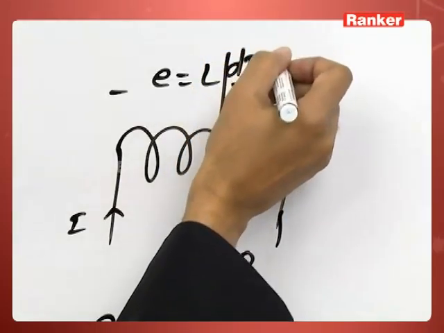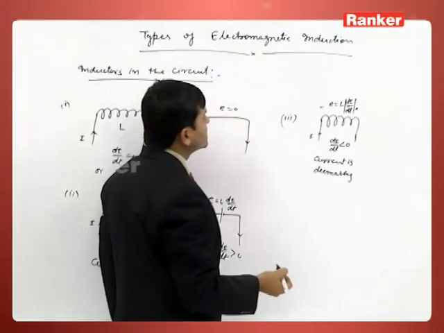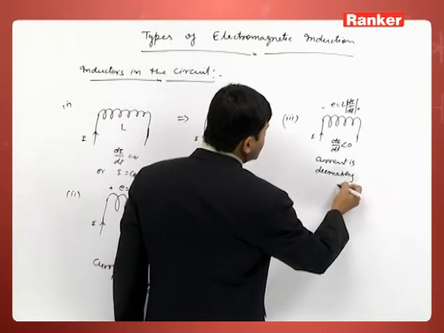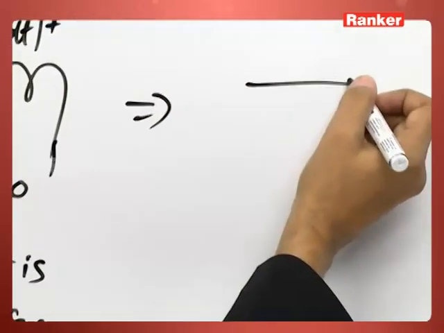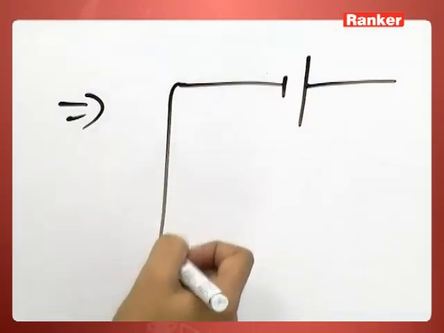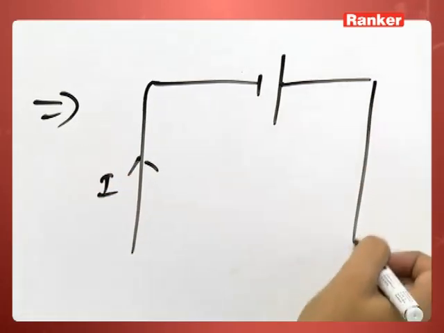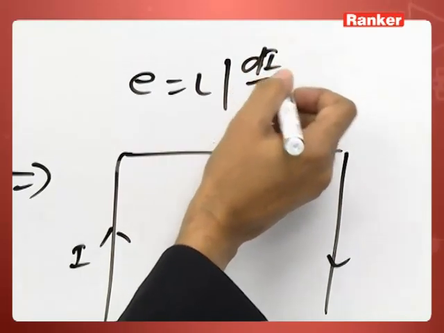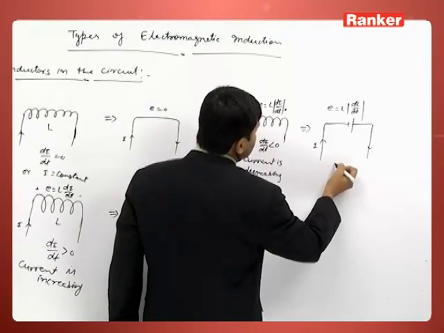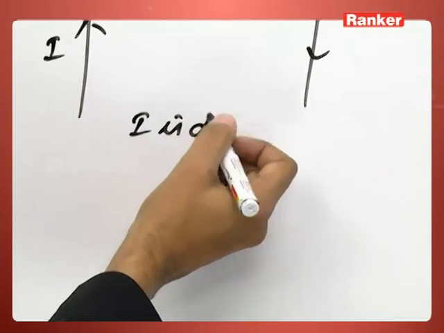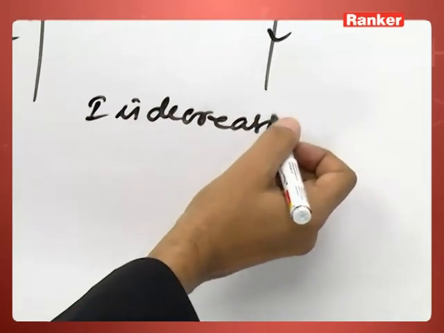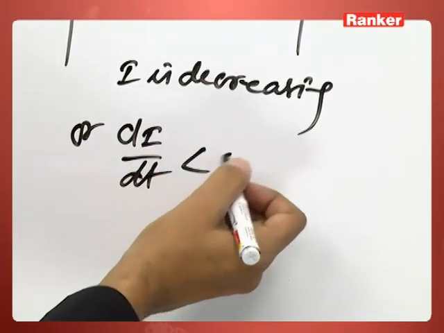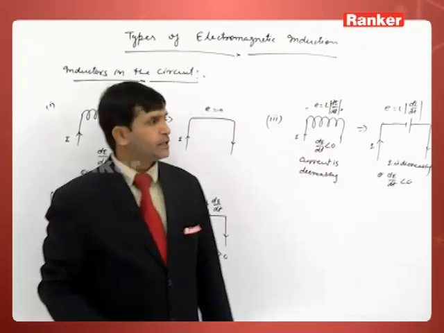So E is L di by dt in magnitude, and it can be replaced with a cell of this polarity, where E is L modulus di by dt, I is decreasing, or di by dt is less than 0.